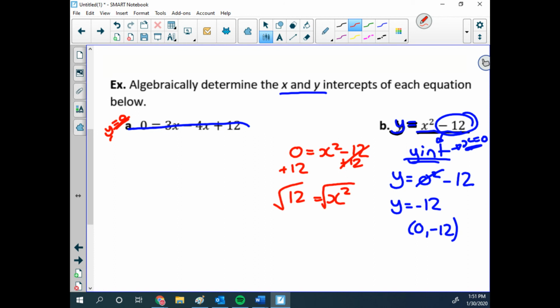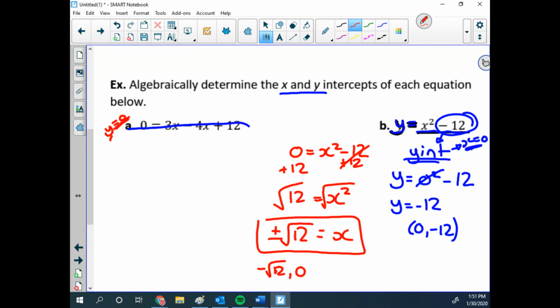The square root of x squared is x, and the square root of 12 is plus or minus root 12. I end up with 2 answers there. Remember, whenever you square root a number, you get 2 answers, the positive and the negative. For example, 5 times 5 is 25, but so is negative 5 times negative 5. So there'd actually be 2 x-intercepts here: one at (negative root 12, 0), and one at (positive root 12, 0). All right, that's it for x and y-intercepts.